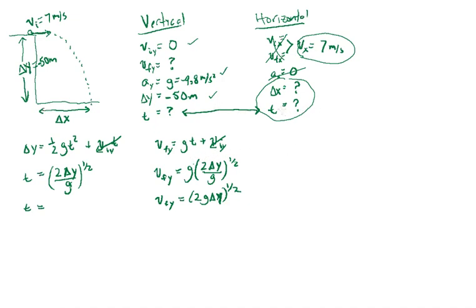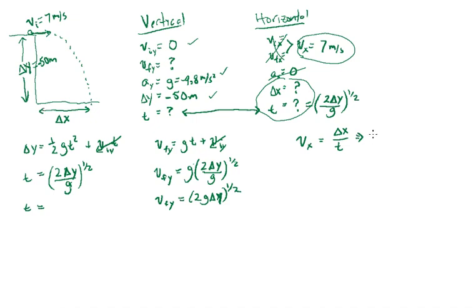And then that means I could move over here. I can go ahead and say that this equals that square root of 2 delta y over g to the 1/2. And now I could solve this side, because I know that velocity in the x direction is equal to displacement over time, which means this is just displacement, whatever it happens to be.